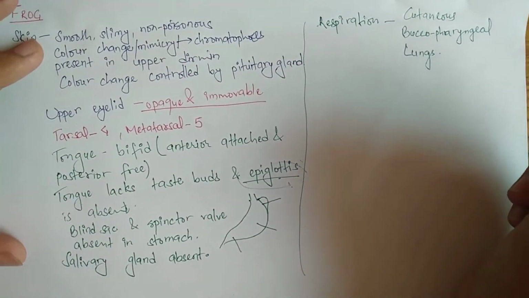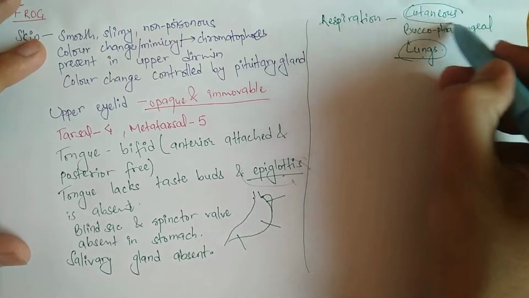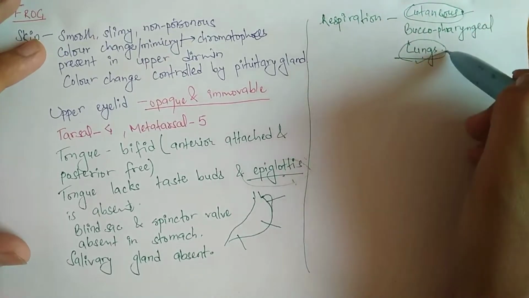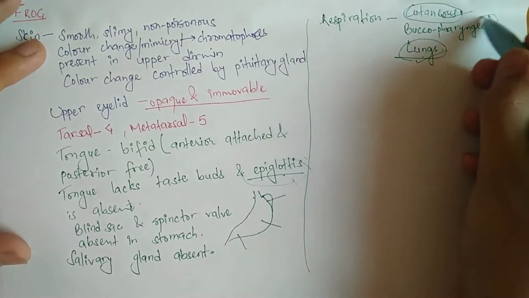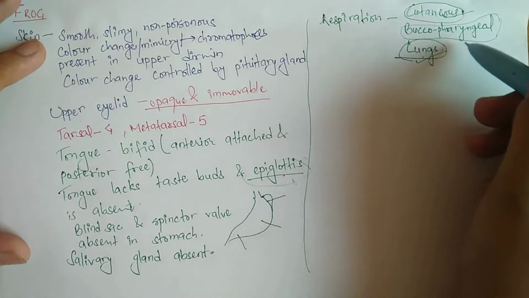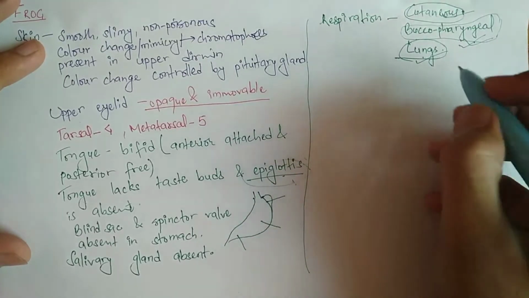When the frog needs maximum oxygen, it goes like this, and when it is in water or in hibernation, then it goes with this. And when the frog is outside of the pond or lake and just resting, then this form of respiration is seen.